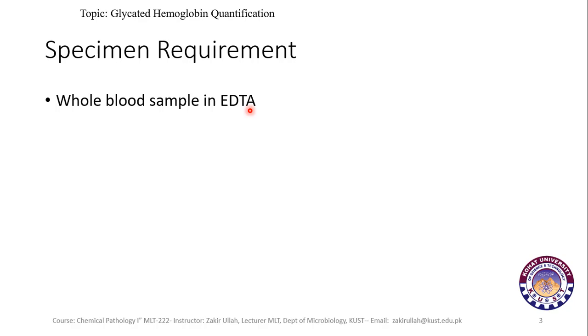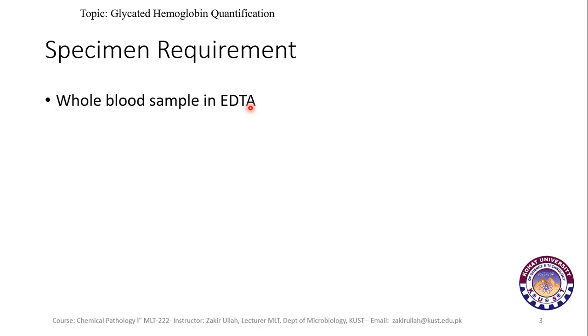This anticoagulant is a calcium chelator, and it binds with the calcium, so the process of clotting is stopped and the blood cannot clot, because we need red blood cells and normal red blood cells for this process.